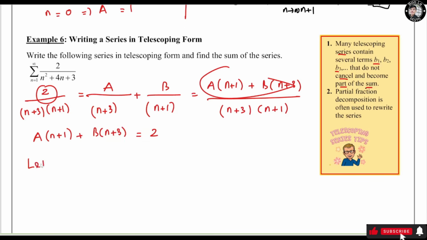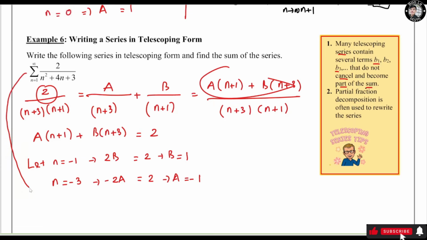I'm going to let n equal -1, right? And then substitute -1 for n over here. I have 2b equals 2 and then b equals 1. I'm going to let n equal -3, right? So this guy equals 0, right? So I have -2a equals 2 and then a equals -1, right?